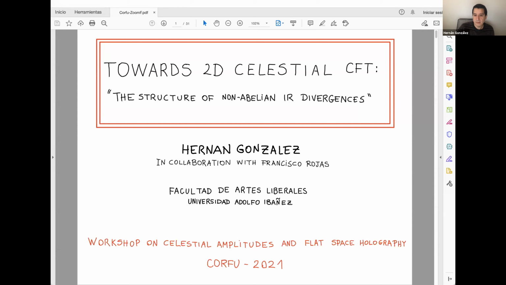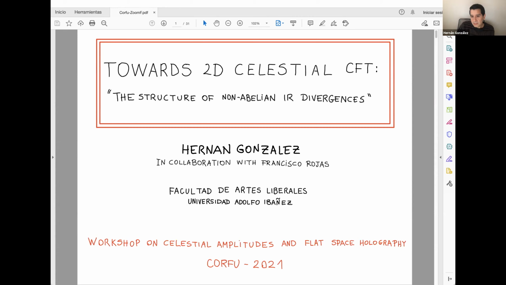At the loop level, this shows up as divergences in the amplitudes, and you can find a factorized version of these amplitudes where part of the amplitude contains the divergent part, and another part, the hard piece, controls the well-defined part of the process, let's say.